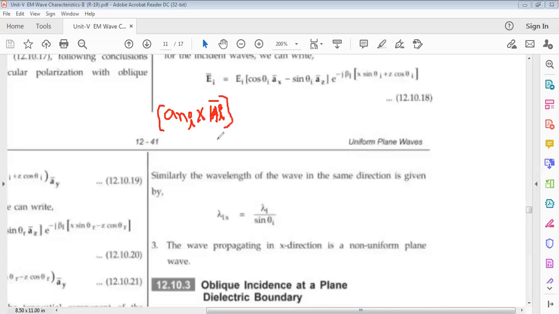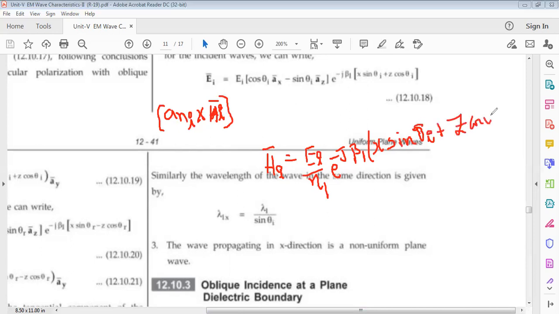HI bar we already got, it is equal to EI by the eta 1, e power minus j beta 1 into x sine theta I plus z cos theta I, into AY bar.